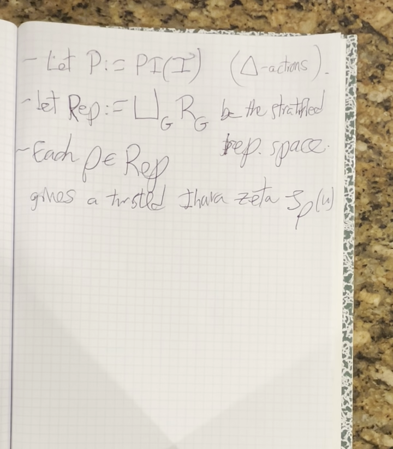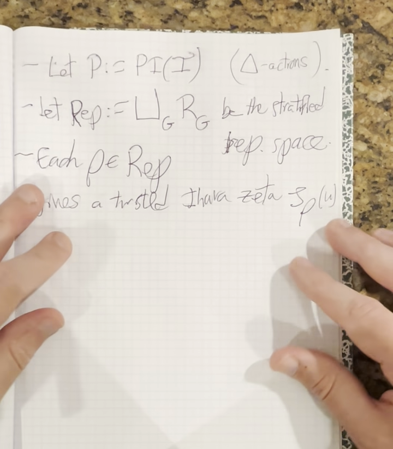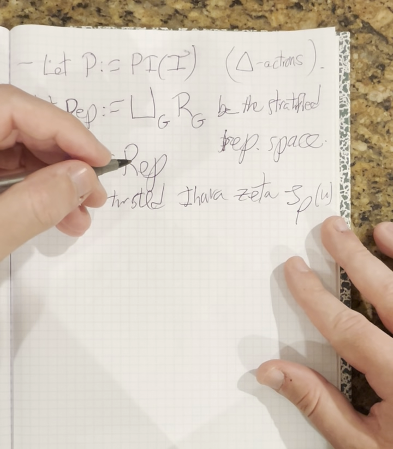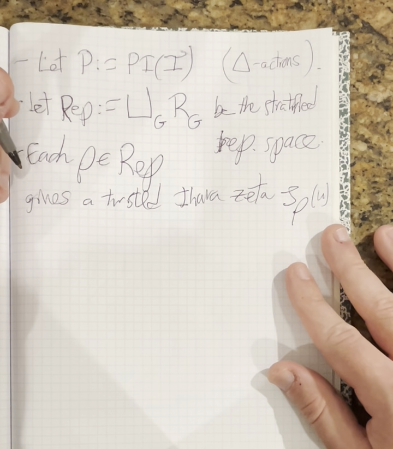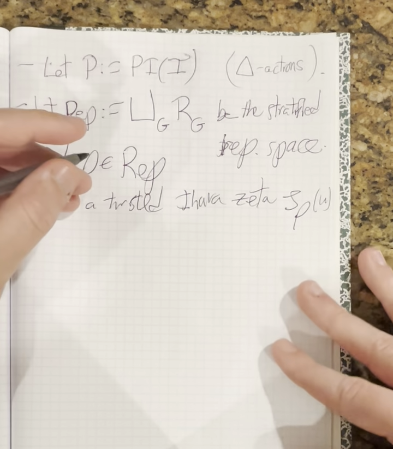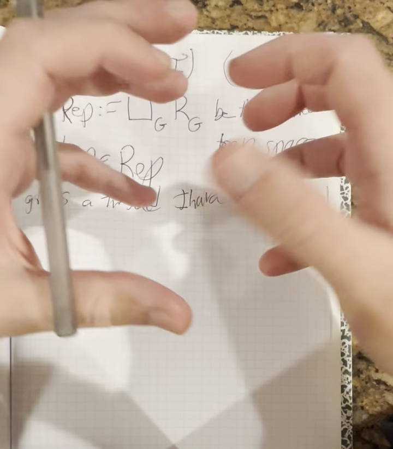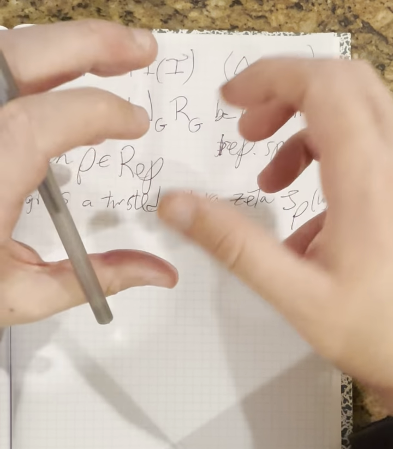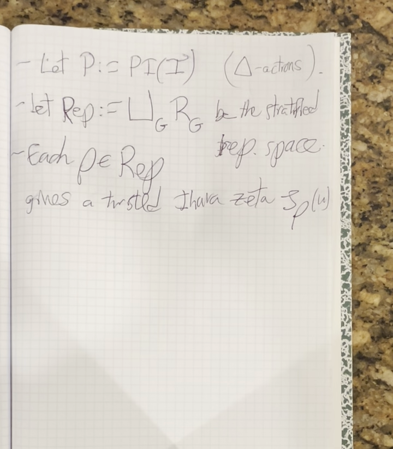We already know that a delta action on gamma, the graph, induces an automorphism of the fundamental group of gamma. So essentially, the delta action, this twisting action, this element of the piecewise isometry group, pushes the holonomy representation to another representation.